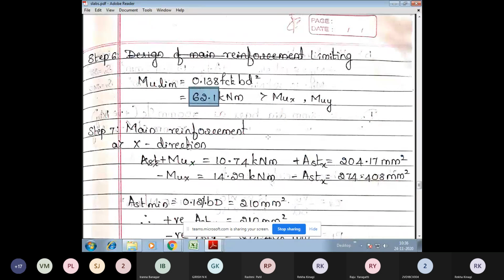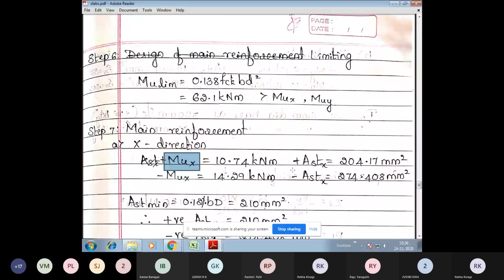And in order to find out the amount of steel in the next step, that is the main reinforcement, we can use the equation as we have used in the previous design, and we can calculate the value of Ast. If there is positive Mux, the corresponding steel we will refer to as positive Astx.